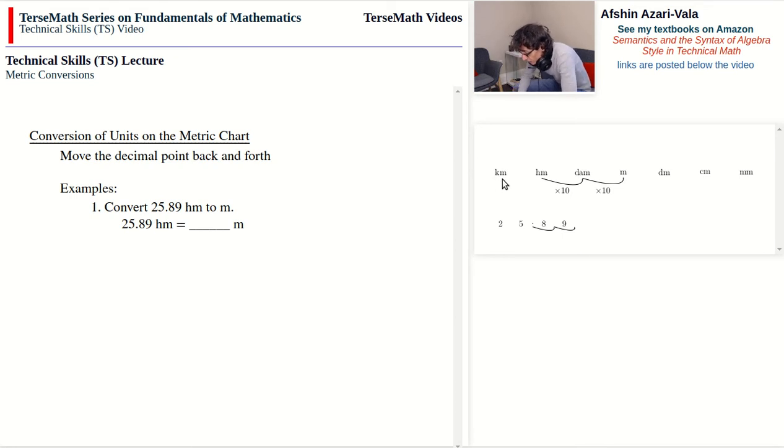Each of these larger units is 10 times bigger than the one next to it. This was done on purpose because it would map very nicely to the movement of the decimal point. Now you might say that, well, 10 is the most natural thing to use, and I would actually argue that that may not be true, because if that was the case, why is it that 1 foot is equal to 12 inches, not 10 inches?